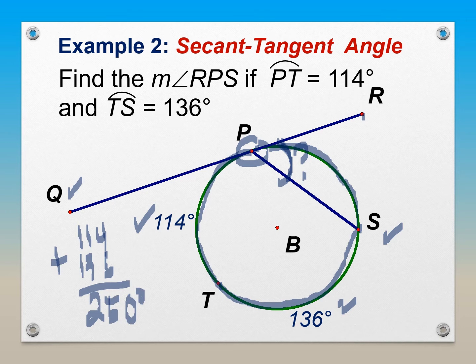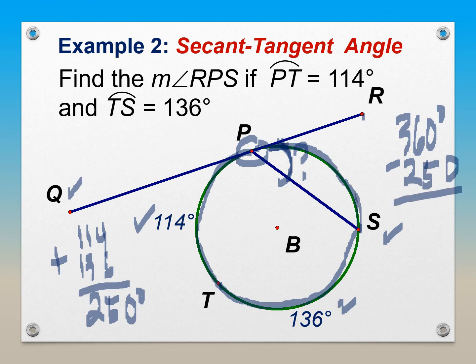Now that we know that the measure of one circle is 360 degrees, simply subtract 250 to know the measure of arc PS. So 360 minus 250 is equal to 110 degrees. Therefore, this arc is 110 degrees.